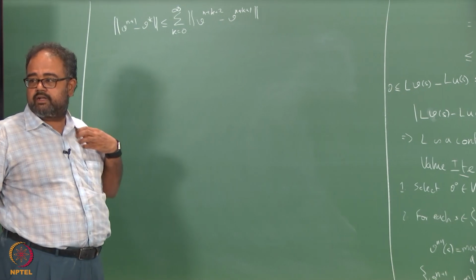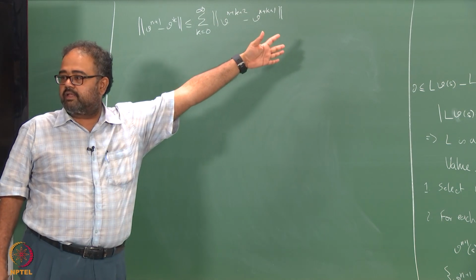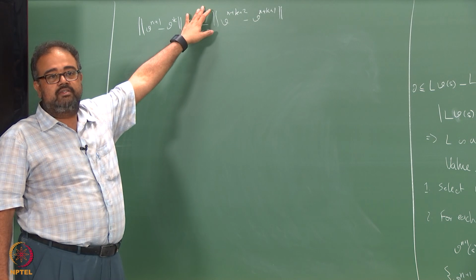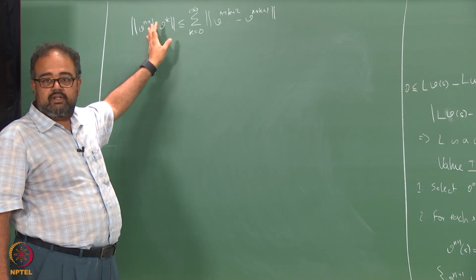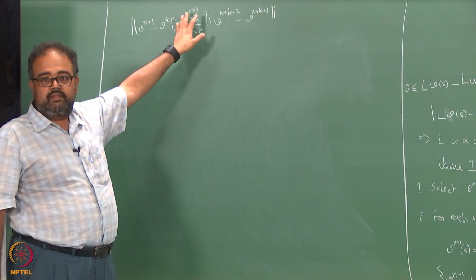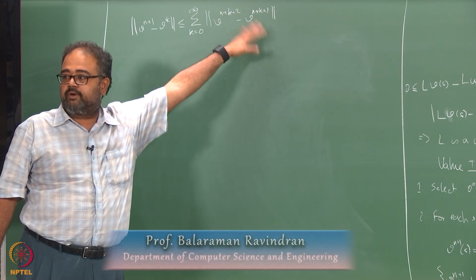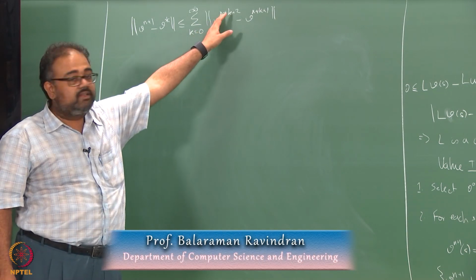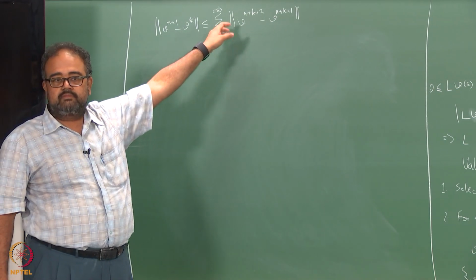Just like we did earlier, I have done a repeated application of the triangle inequality. The only tricky thing here is the summation goes to infinity, because only when I repeat this till infinity will I go to V star. But that is fine, because this is a vanishing quantity as we go along. So this sum will actually exist.